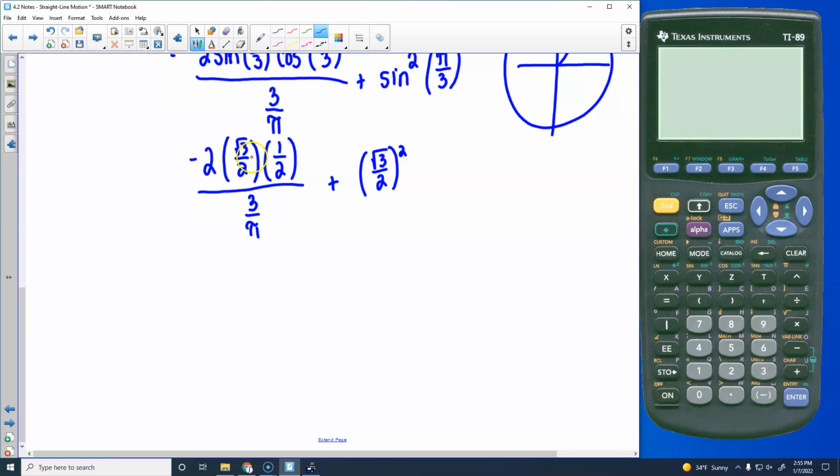Whew. Okay. I'm going to cancel this 2 with this 2. We're going to get negative root 3 over 2 divided by 3 over pi plus 3/4.